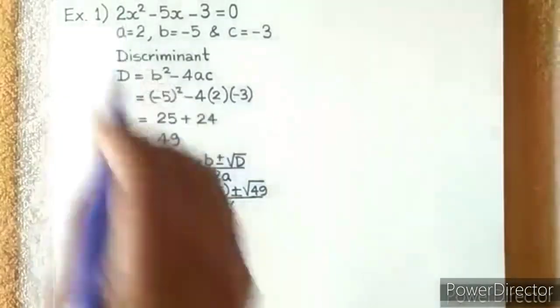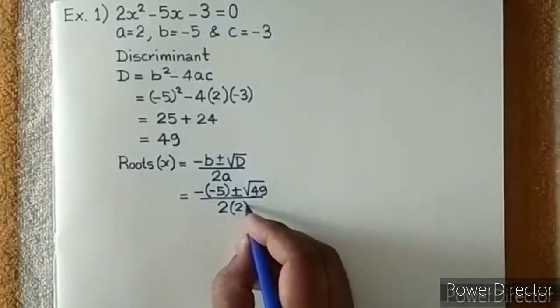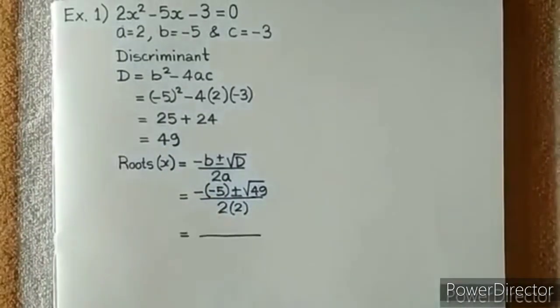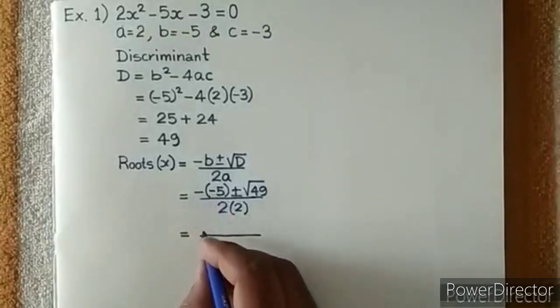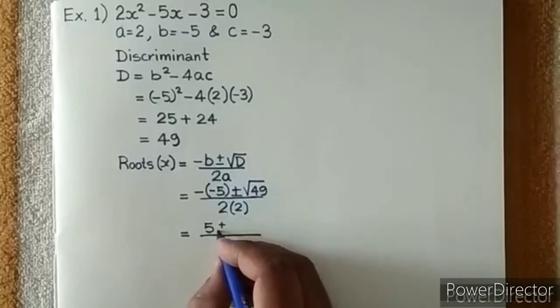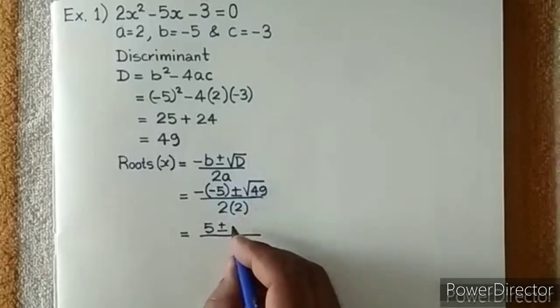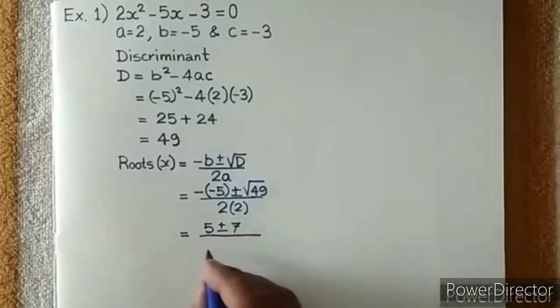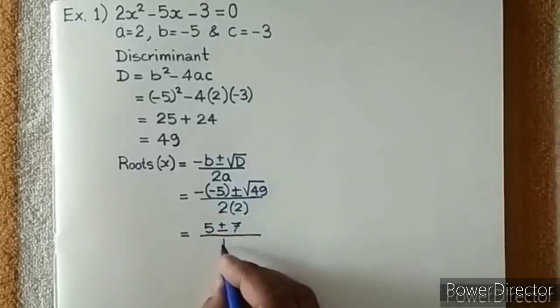Your a is 2. Minus into minus is plus, so you've got plus 5 plus or minus root of 49 is 7 upon 2 2s are 4.